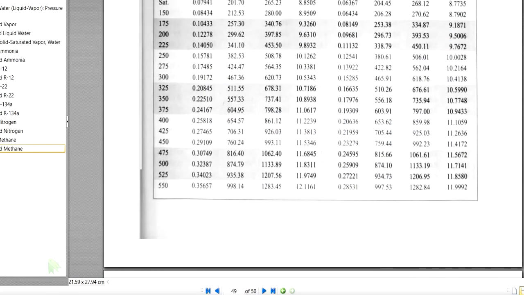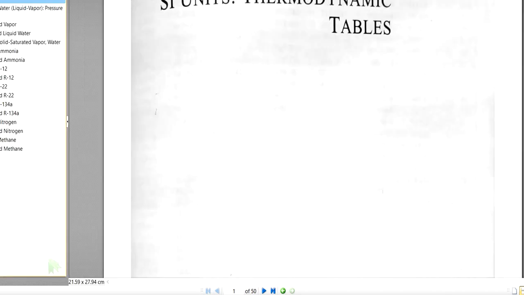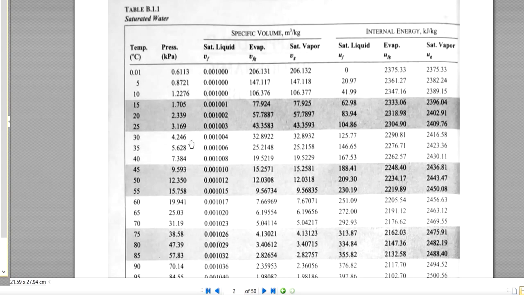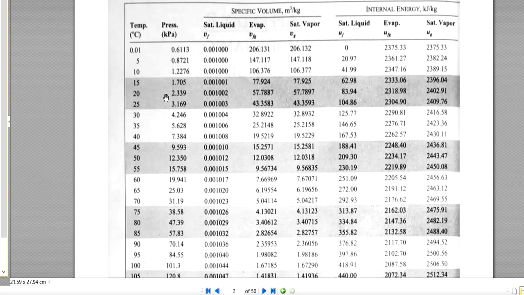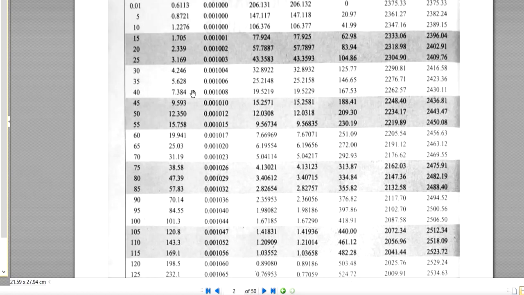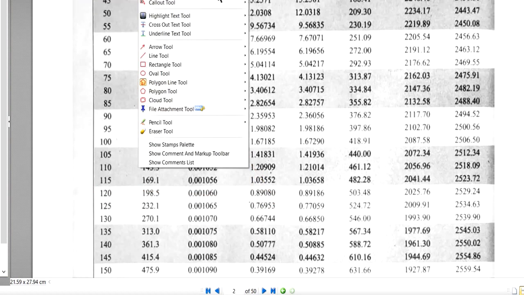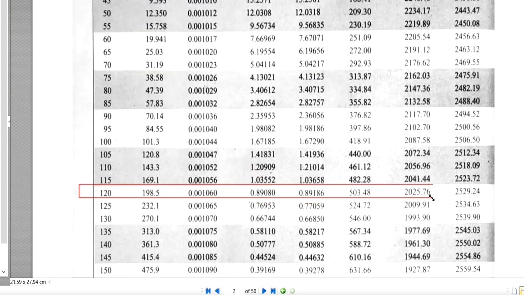So here's the table B.1.1. Our given temperature is 120 degrees C. So here's our data.